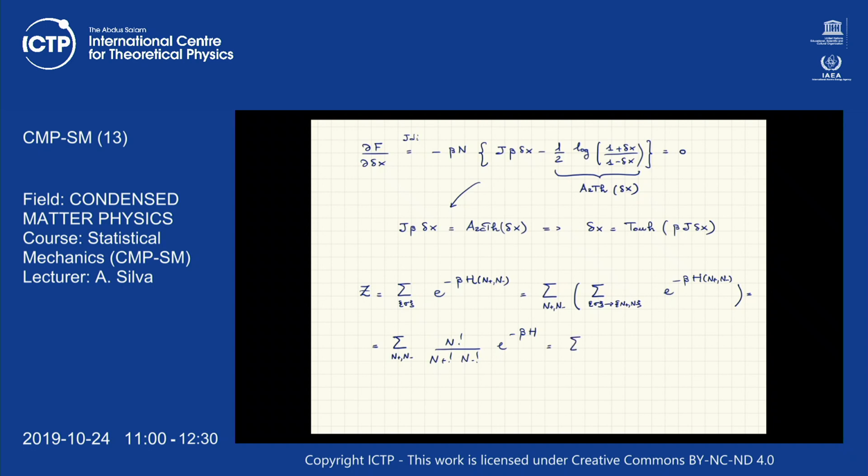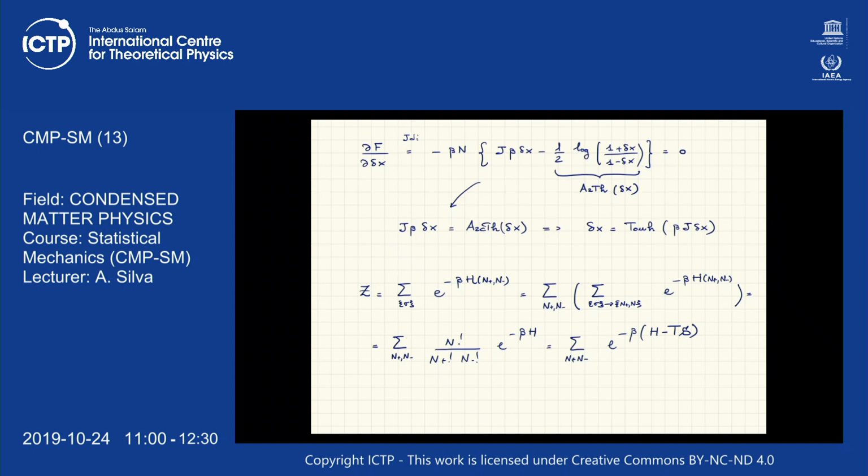This is equal to the sum over n plus, n minus of e to the minus beta (H minus T times S). You see? Because S is k Boltzmann log of n factorial divided by n plus factorial divided by n minus factorial.